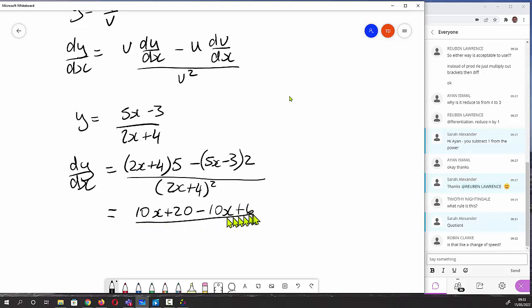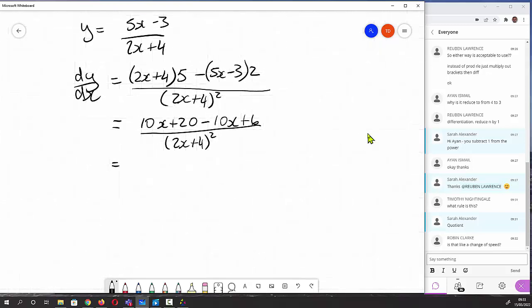Okay, and that's over 2x plus 4 squared. So that gives me the final answer of 26 over 2x plus 4 squared. Okay, and that's the quotient rule.